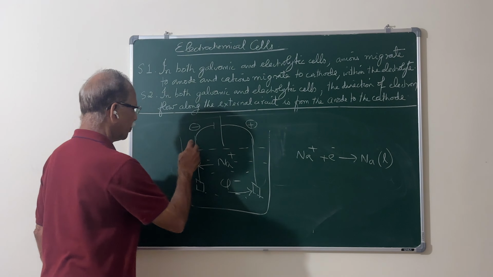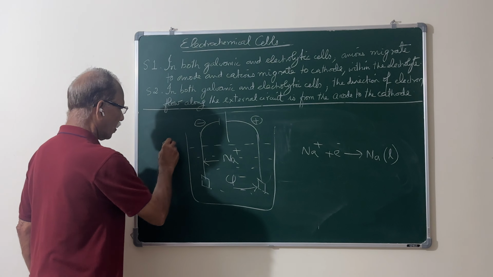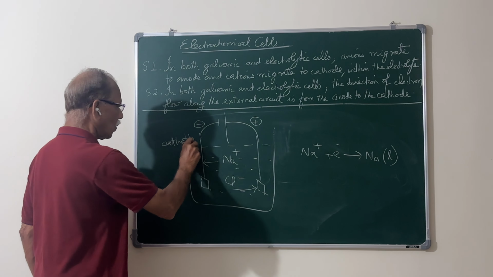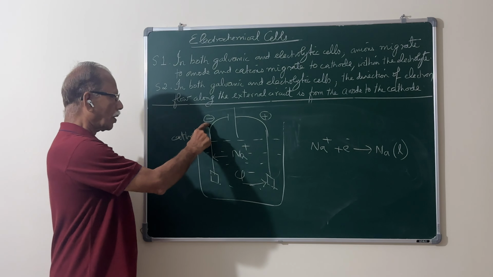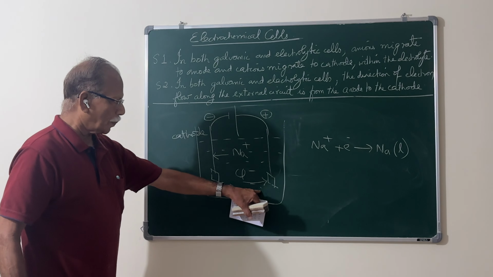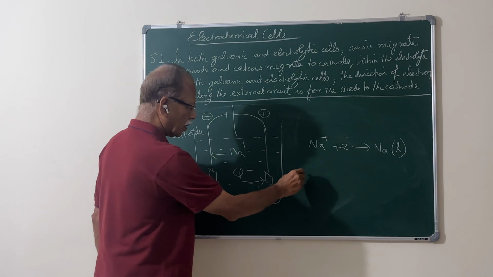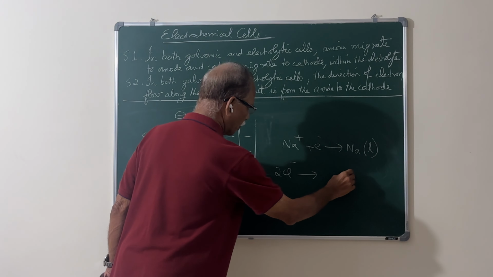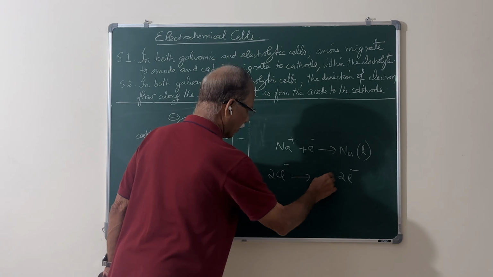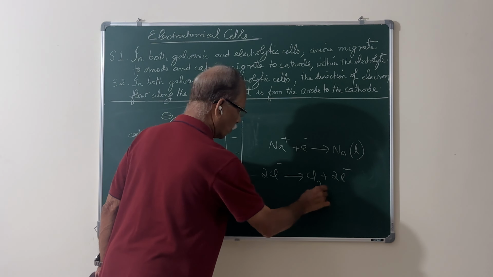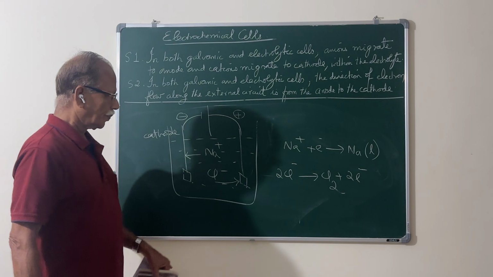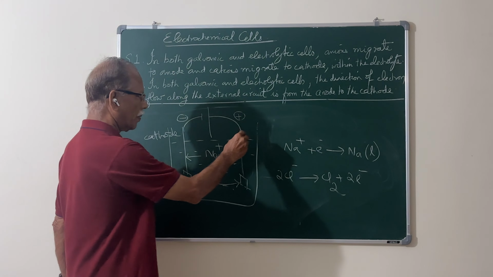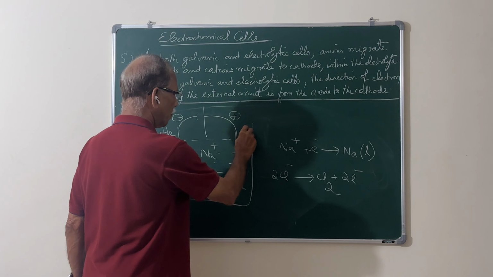Being a reduction, this electrode is now the cathode. So during electrolysis, the negative electrode is the cathode, and on the positive electrode side, Cl- will be giving electrons to the positive electrode, getting itself oxidized to chlorine gas. Being an oxidation electrode, we can call this as anode.